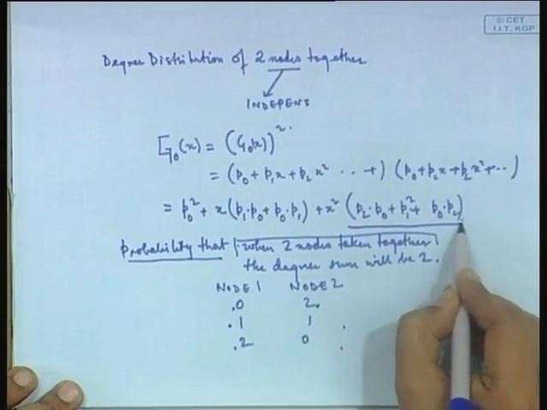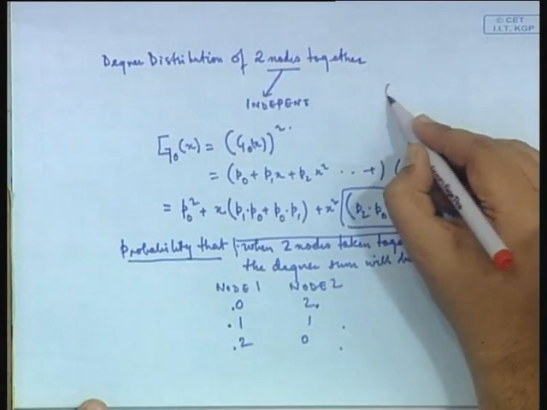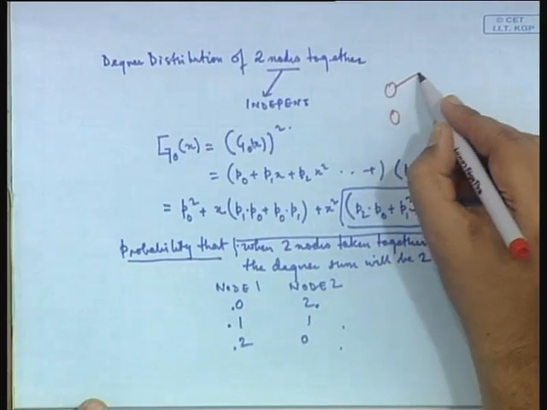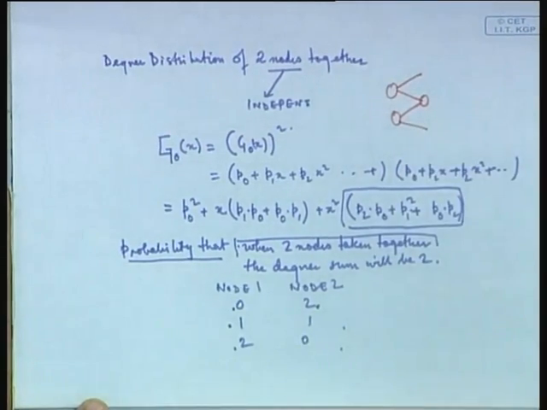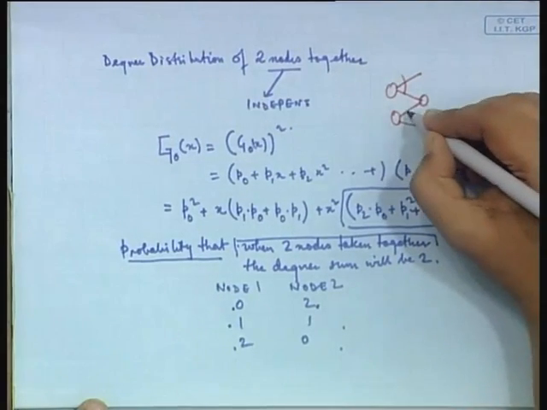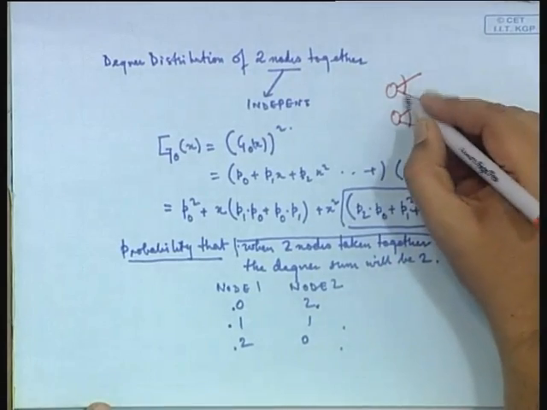Exactly that comes from the coefficient of x square. What is meant by independent here?